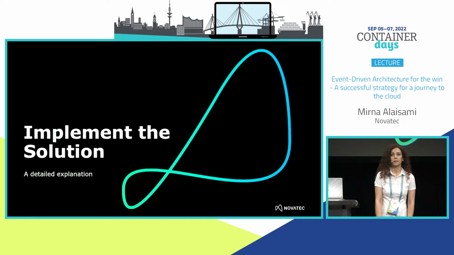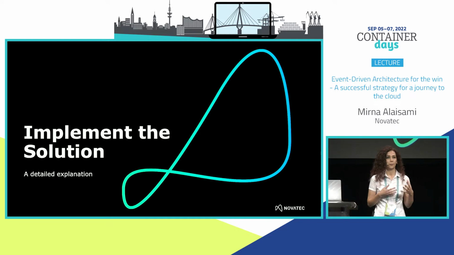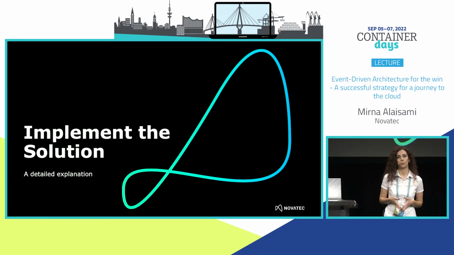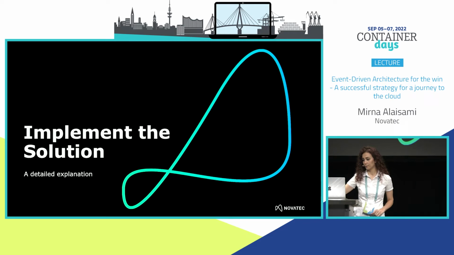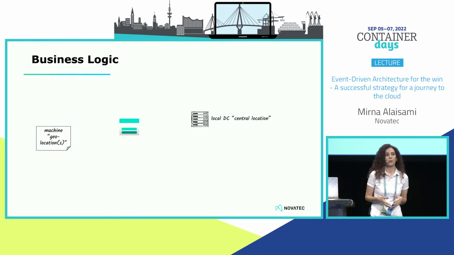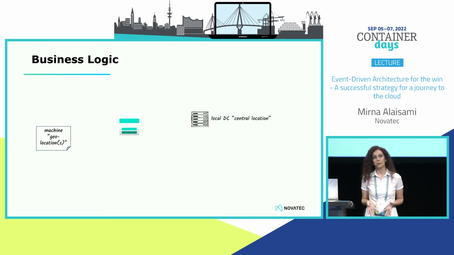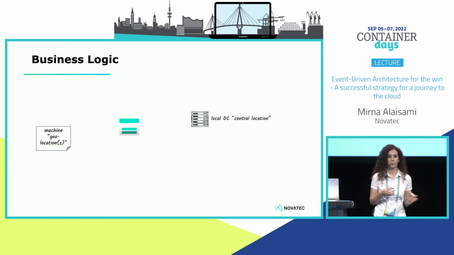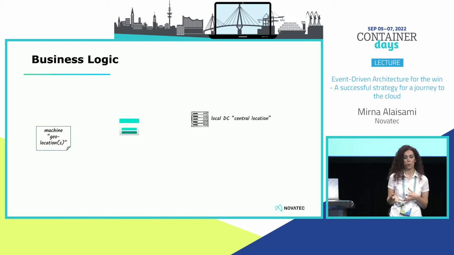Now, after we talked about the different tools and why we chose them, it's the time to implement the solution. So having a look at the business logic that the customer had, which maybe pushed us towards choosing some tools or implementing the solution in a specific way.